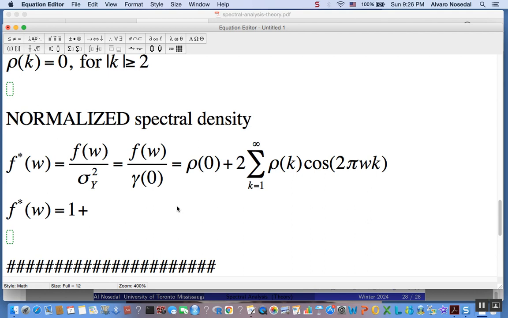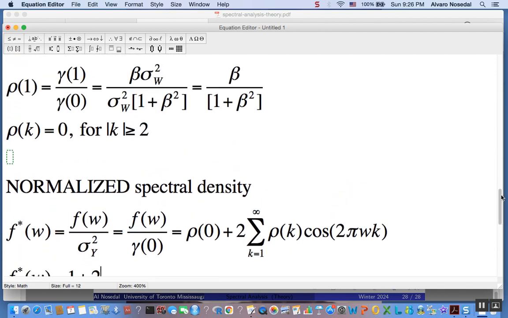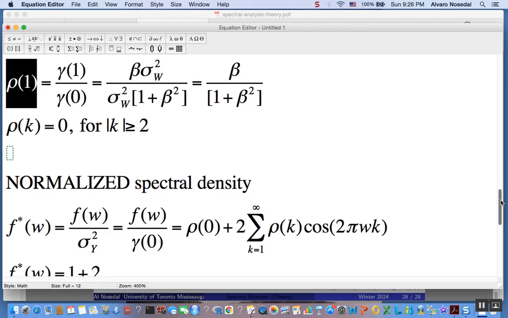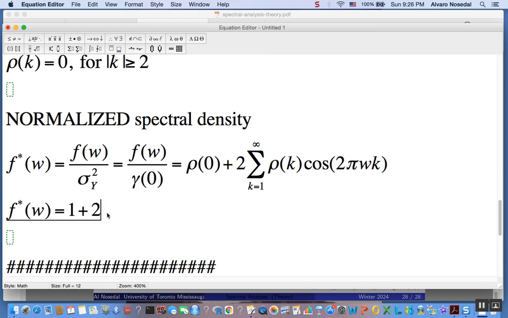Plus 2 times, and then when k equals 1, that is just going to be rho at 1, times cosine of 2 pi w times 1.